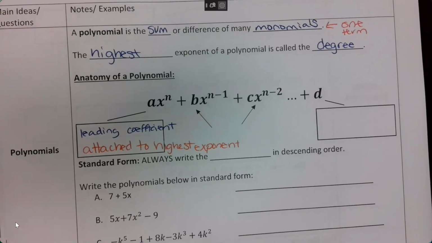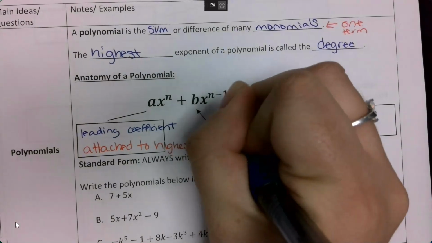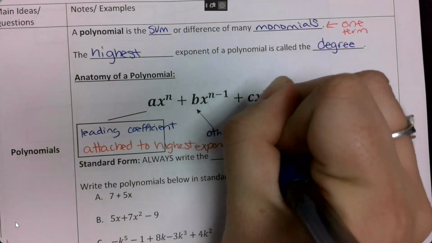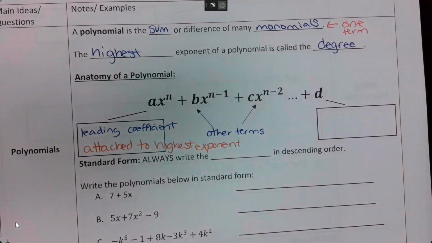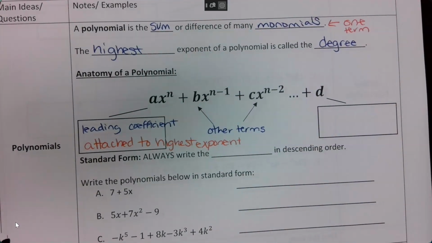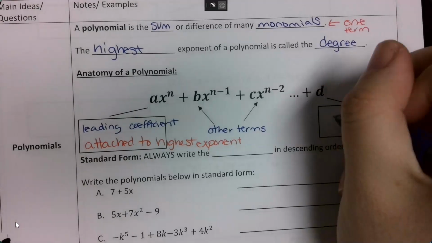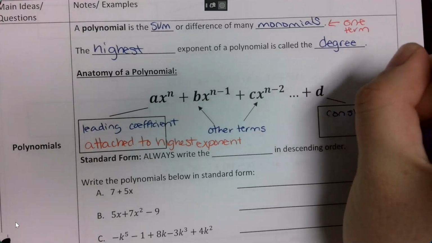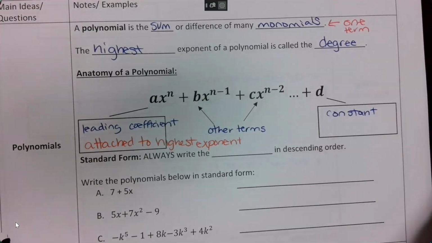Okay, the stuff in the middle is just my other terms. Okay, and this last one at the end is called my constant. It's going to have no variable.